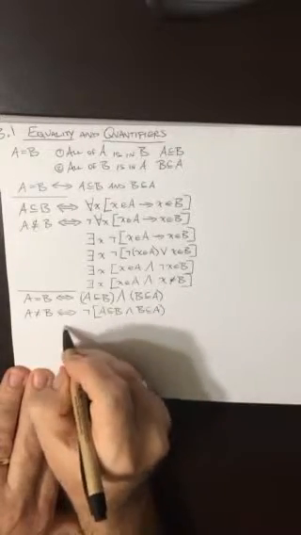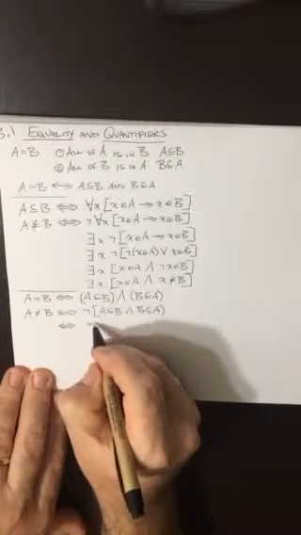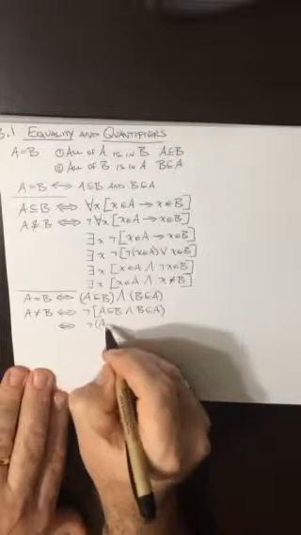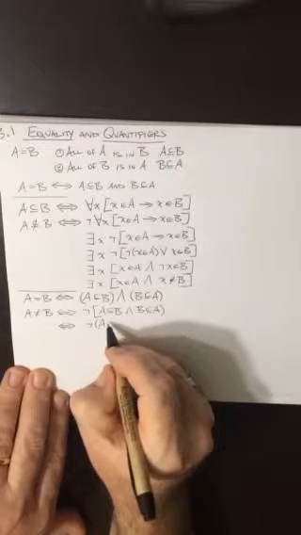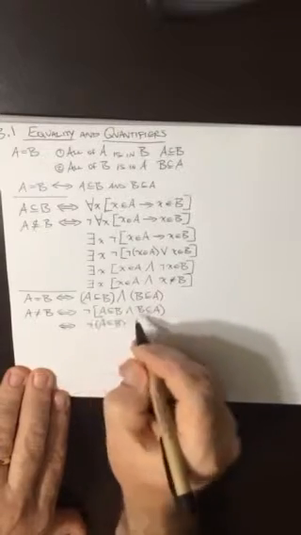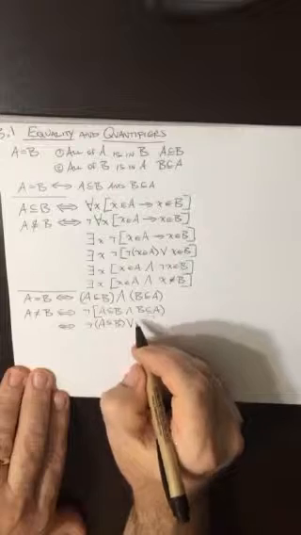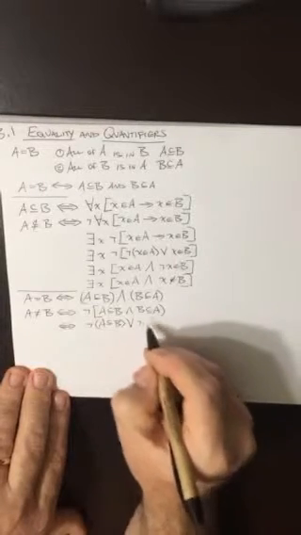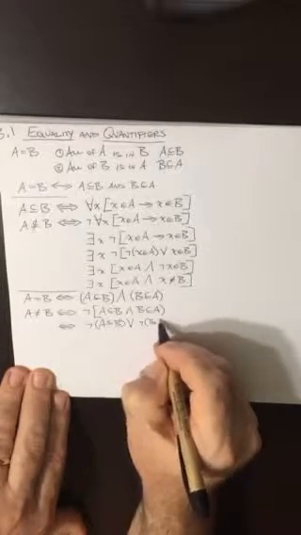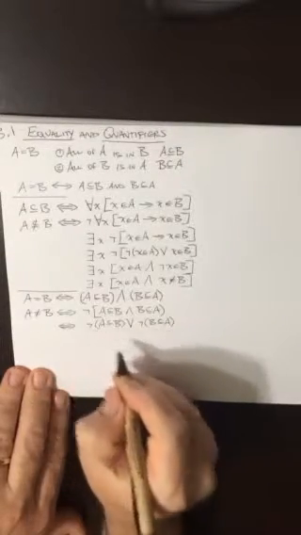Okay, carry this through. It's not the case that A is a subset of B. Carry this through, that negates, that means or. It's not the case that B is a subset of A. Okay, one more step.